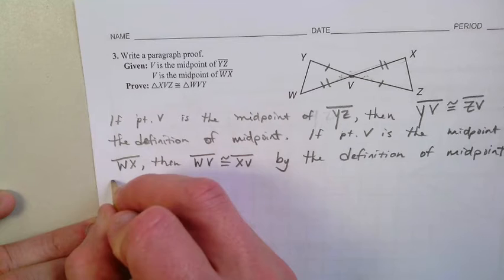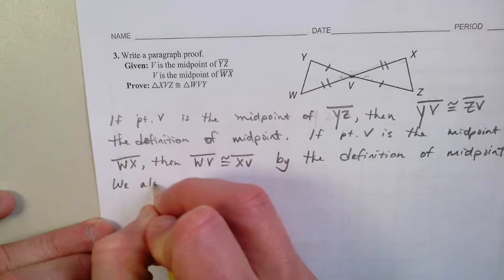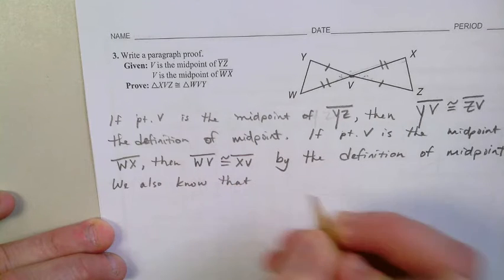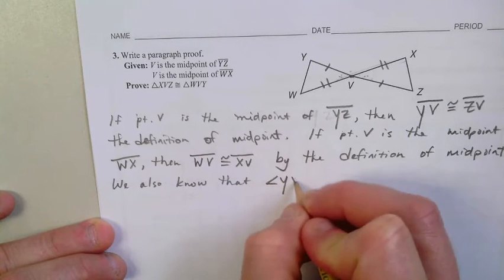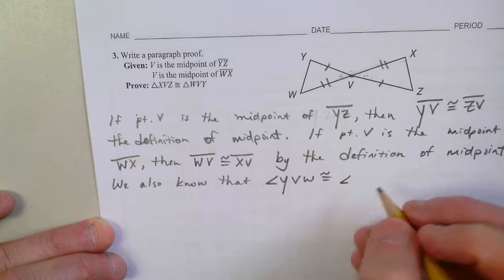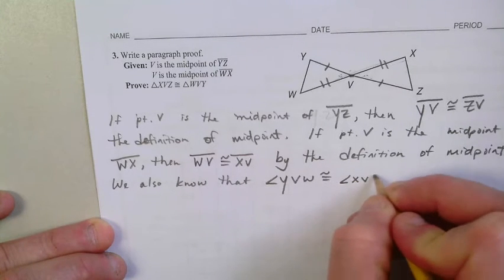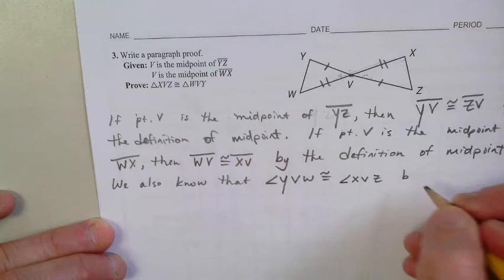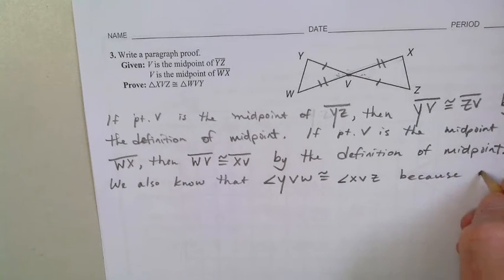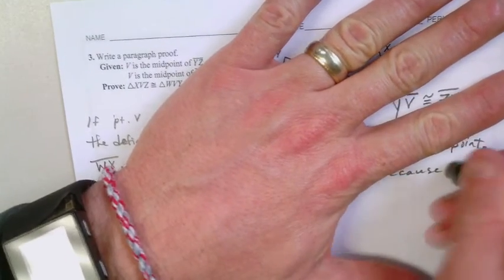I'm going to write down, we also know that angle YVW is congruent to angle XVZ because of the vertical angles theorem.